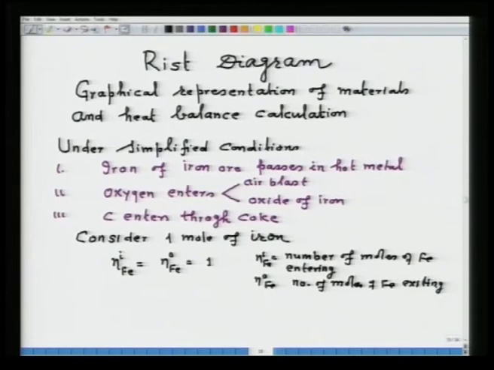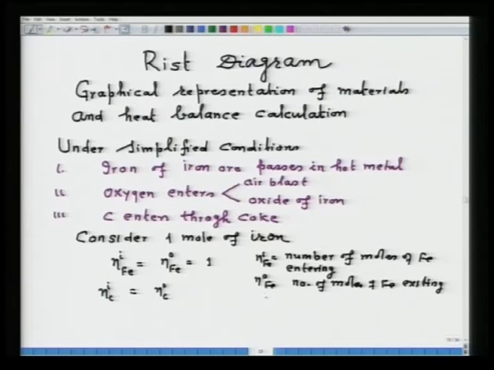We can also say N_iC, that is the number of moles of carbon entering into the system, should also be equal to the number of moles of carbon leaving the system.